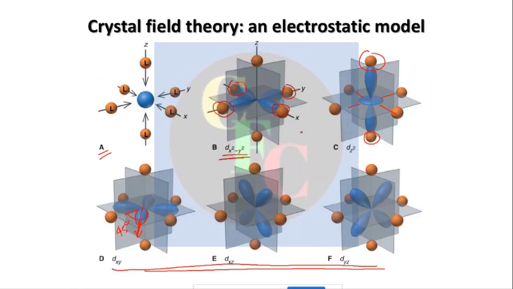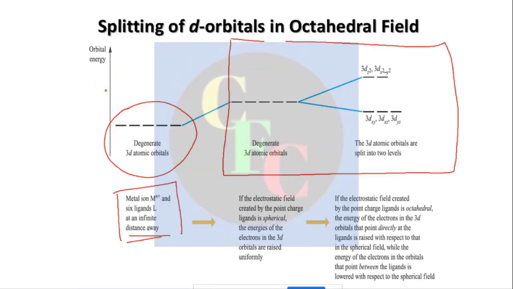Suppose in this position, the electric field around the metal ion can be supposed to be spherical, because there is no directional property, because they are approaching from all directions. As a result, all the metal orbitals were experiencing a similar type of repulsion, and their energy is raised to some extent, right? We get this result.